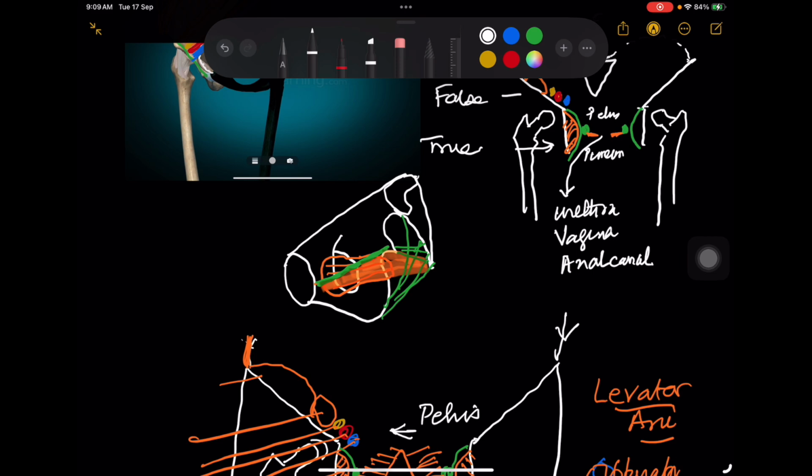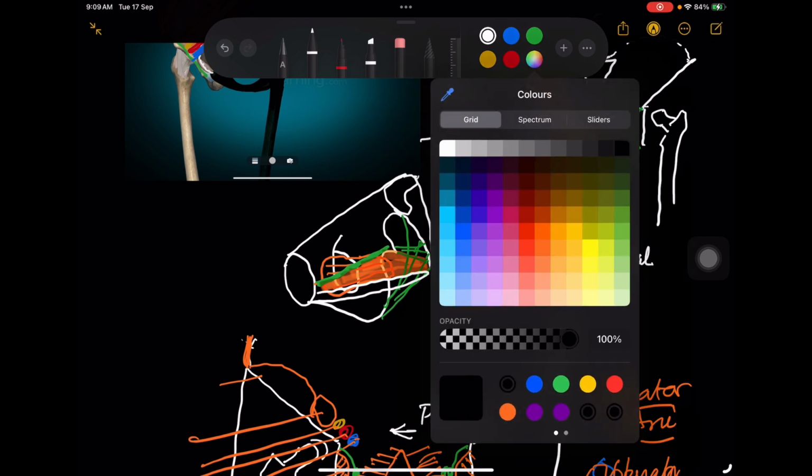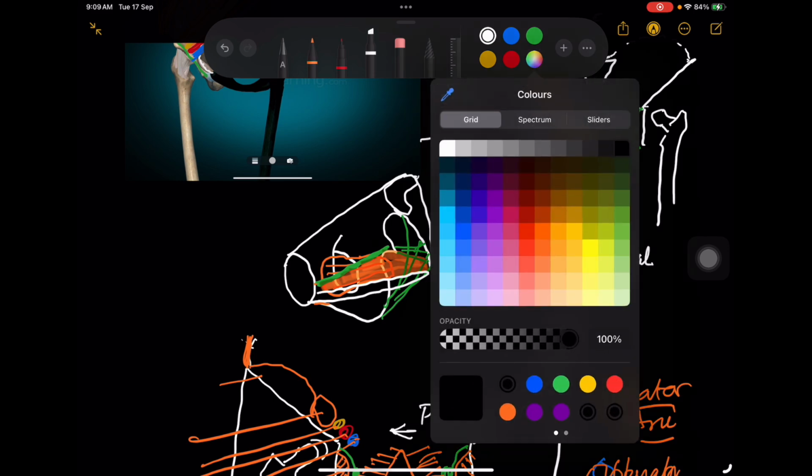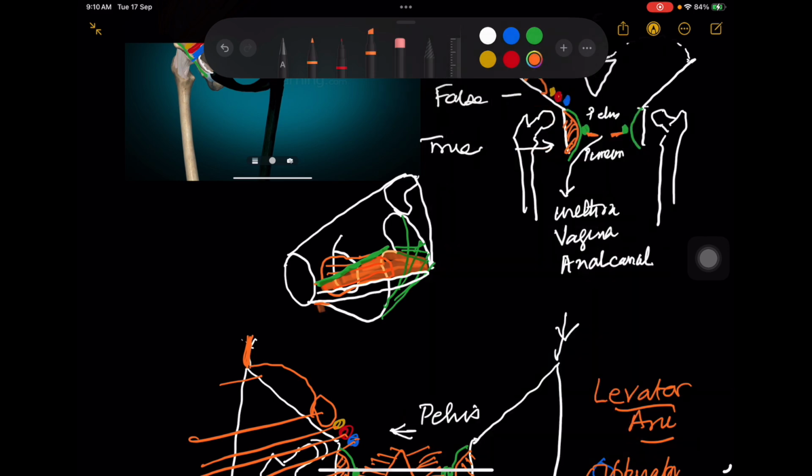but the levator ani of this side and the levator ani of this side actually enclose a slit or a space.